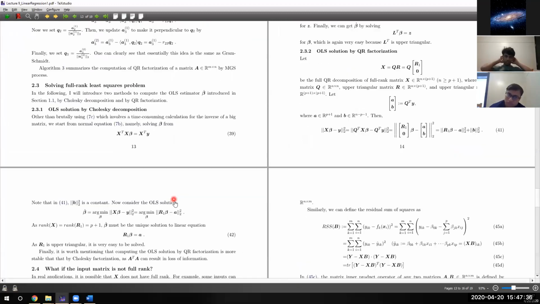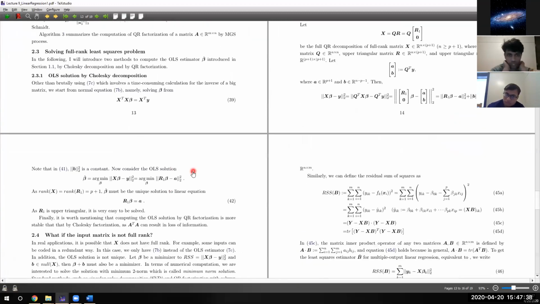Now how to solve this one? The very important thing is that X has full rank. Because X has full rank, the rank of R1 must be full, must be P plus 1. In other words, R1 must be a full rank matrix as well.